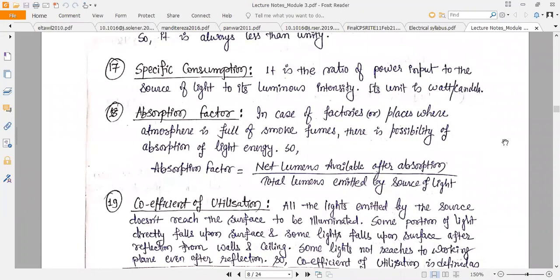Next one है हमारा specific consumption. It is the ratio of the power input to the source of light to its illumination intensity.